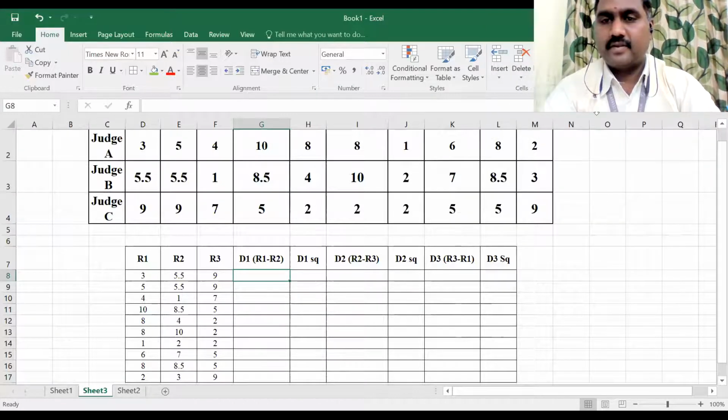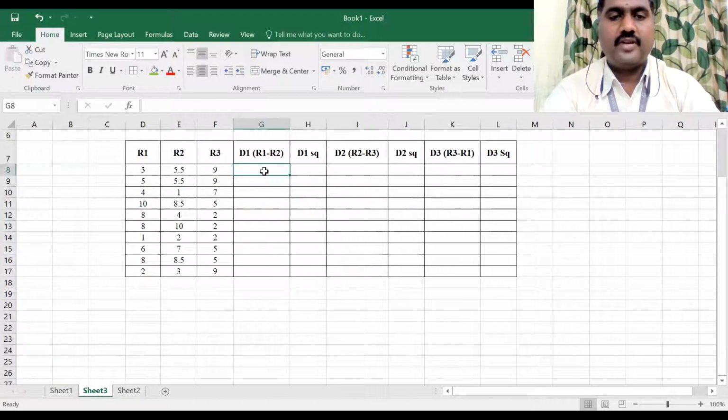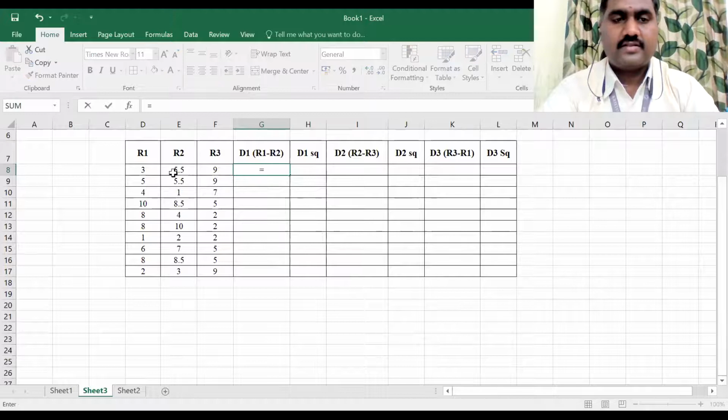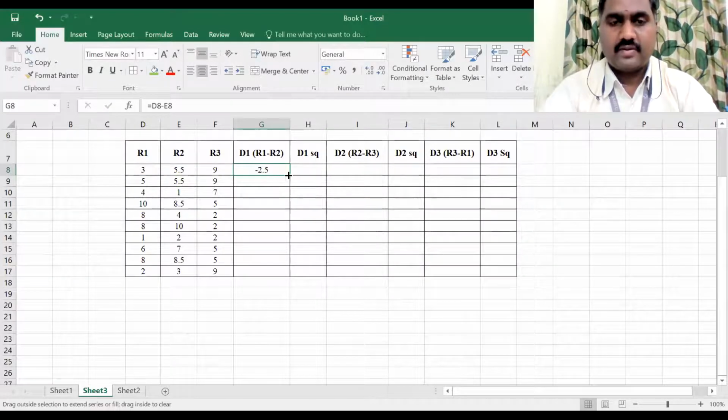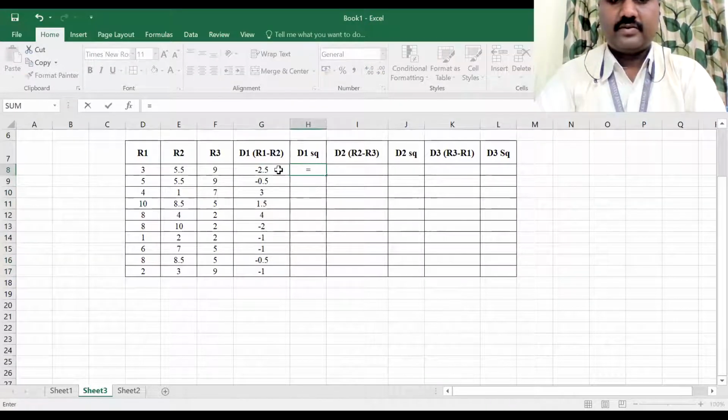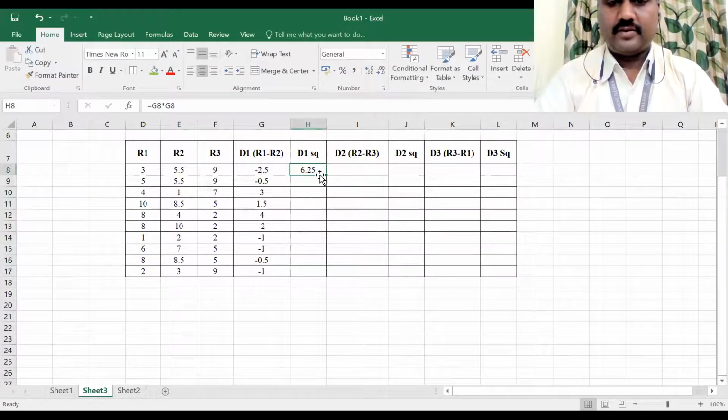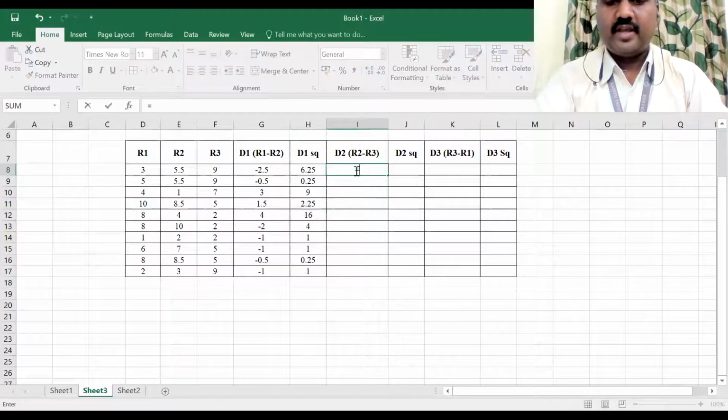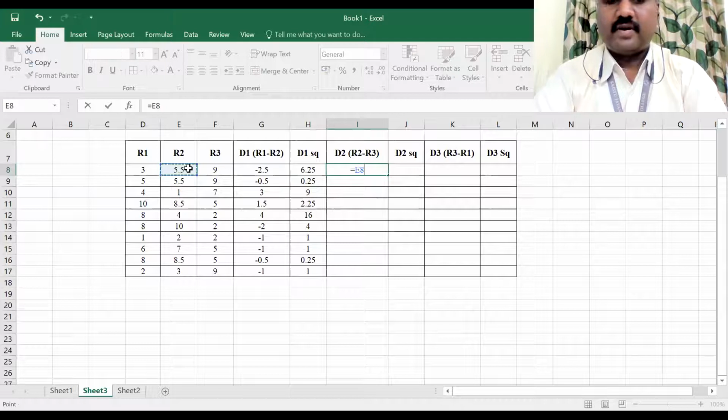Now D1 is R1 minus R2, right? This minus this. Enter so that you will get the D1 value. Drag it. And this into this again. Enter, you get the D1 square value. And D2 should be R2 minus R3.